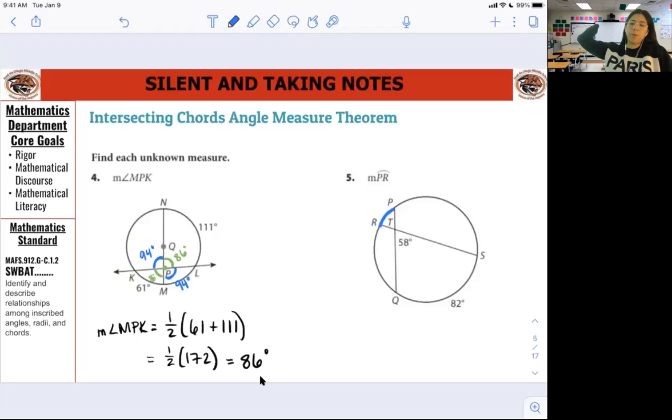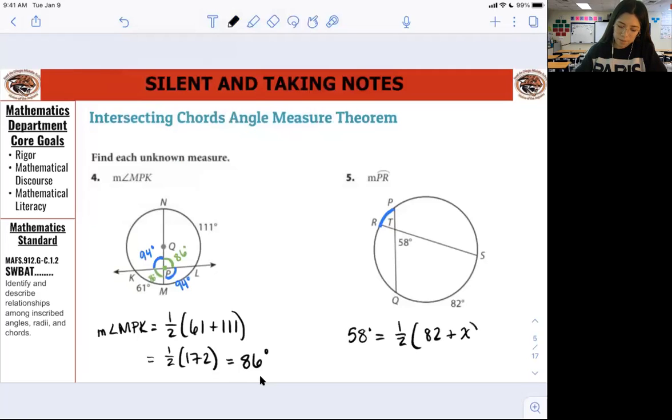All right, Perla says 34. Let's see if we agree or if we disagree. Rios agrees. All right, Tyrone agrees. Good. So we know that the central angle, 58 degrees, is equal to 1/2 times 82 plus, we can call that x.